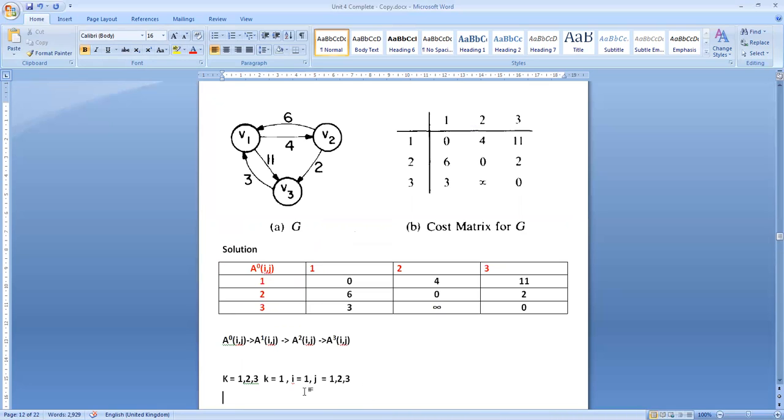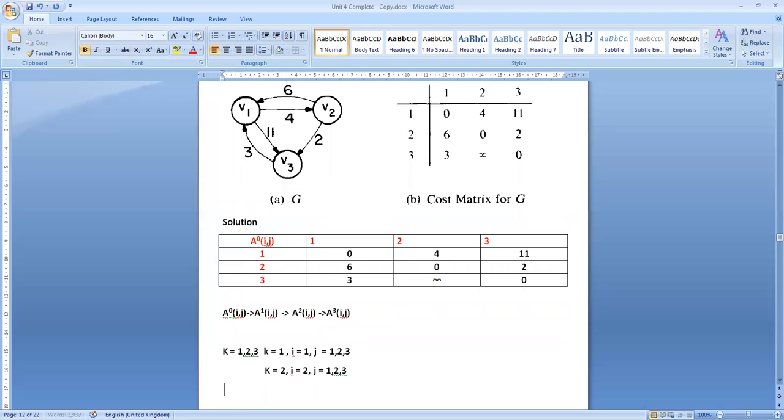Similarly, when k is equal to 2, my I will take the value of 2. Then I have to solve this again for j equal to 1 comma 2 comma 3. Then similarly, when k is equal to 3, my I will take the value of 3, my j will vary from 1 comma 2 comma 3.